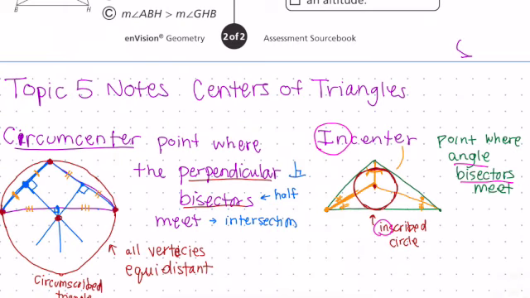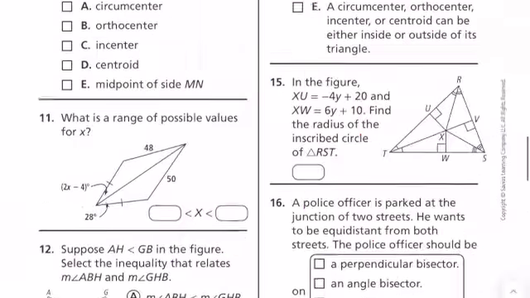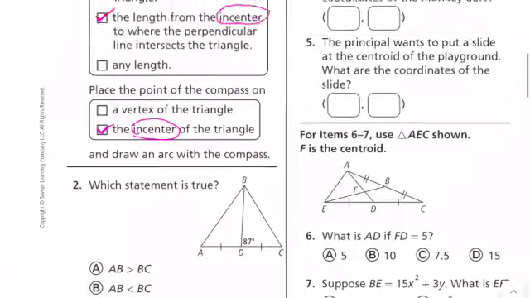Circumcenter went with a circumscribed triangle, had to do with perpendicular bisectors, had to do with equidistant. Centroid had to do with the medians. Orthocenter had to do with the altitudes, like they're all related, right? So just make sure you have those words down.